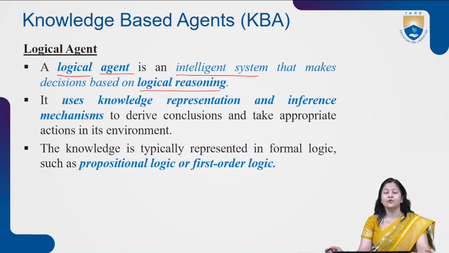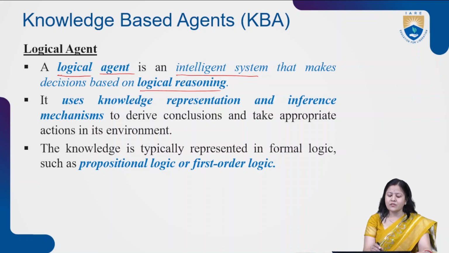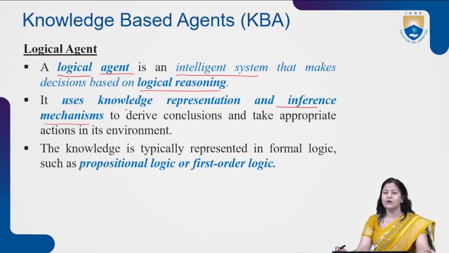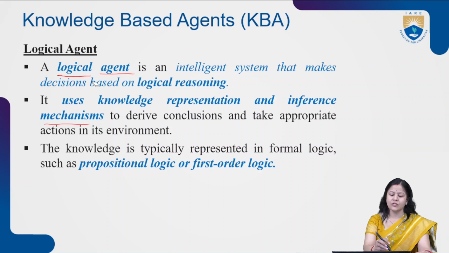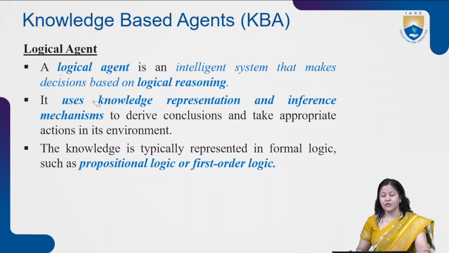Knowledge can also be represented using frames, semantic networks, and ontologies. It also uses inference mechanisms, which the logical agent uses to derive conclusions from a set of premises. The knowledge is typically represented in formal logic such as propositional logic or first order logic. Propositional logic and first order logic both come under logical representation.